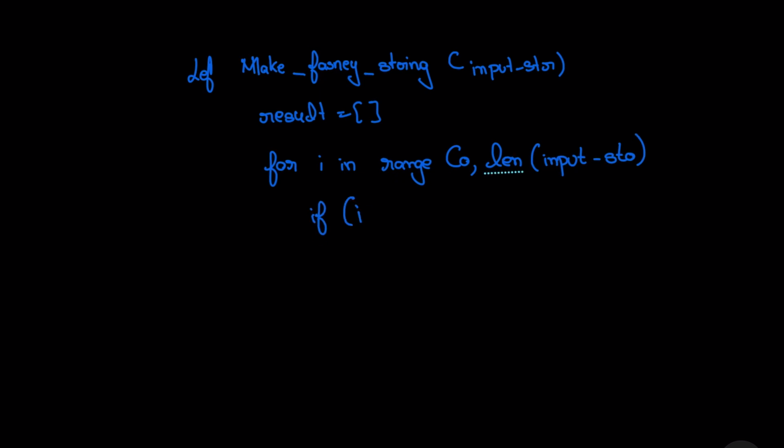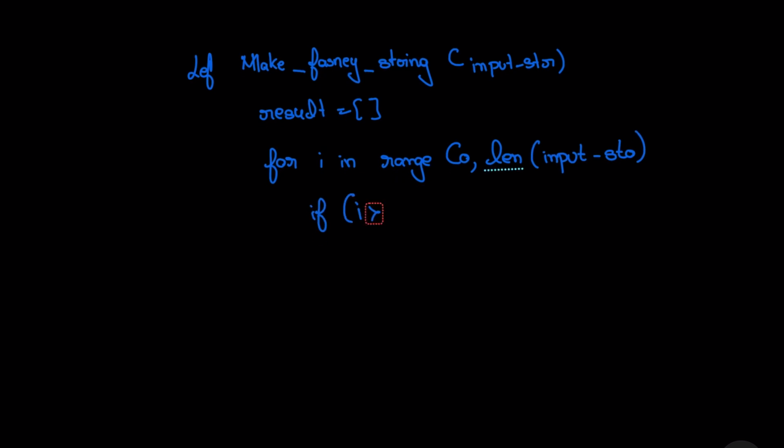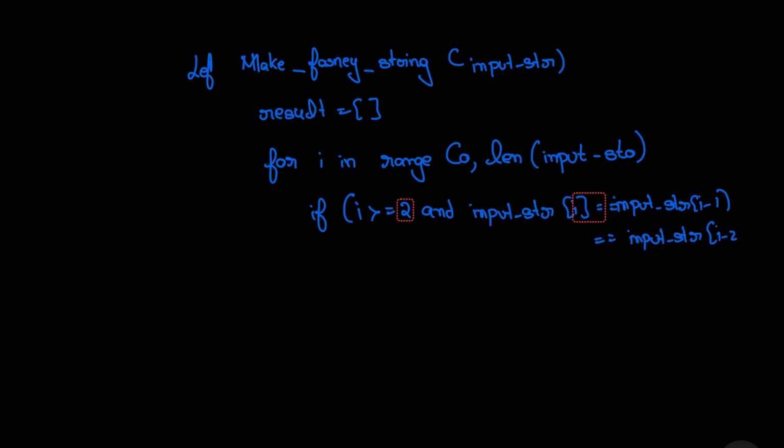If i is greater than or equal to 2, so that at least two characters are behind this, and input str of i is equal to input str of i minus 1 is equal to input str of i minus 2, we'll just write continue over here.